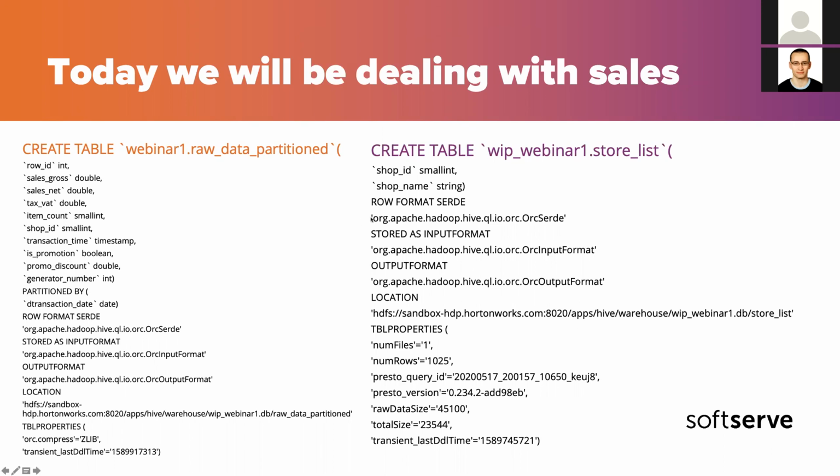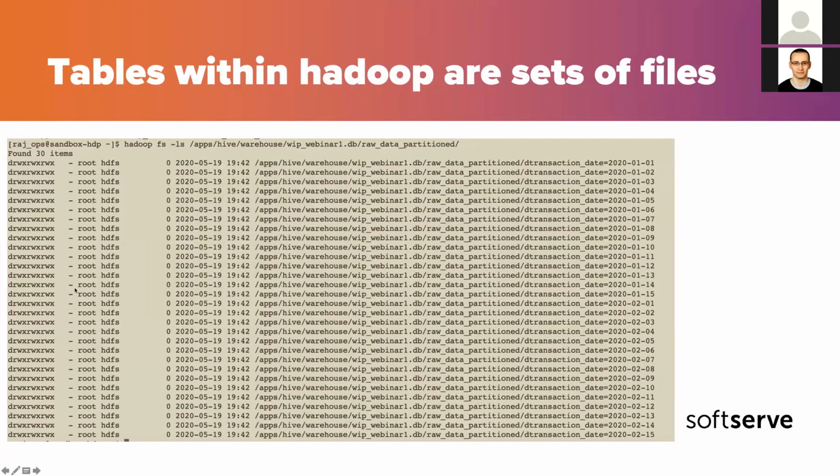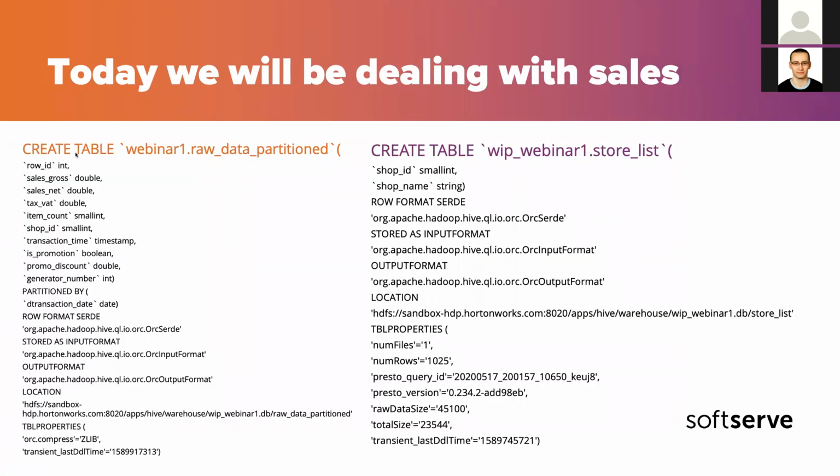But if you look at this definition, it's very different from regular relational database engines. If you see the bottom after the column definition, there are a few elements of the table that I believe need to be explained in regards to the Hadoop environment.